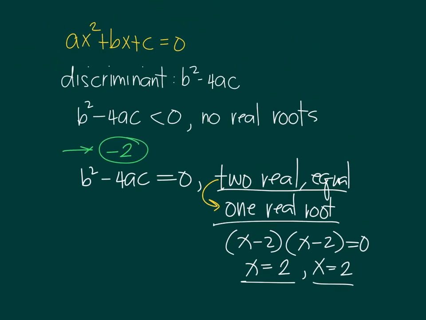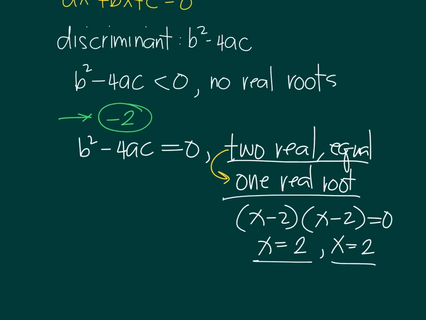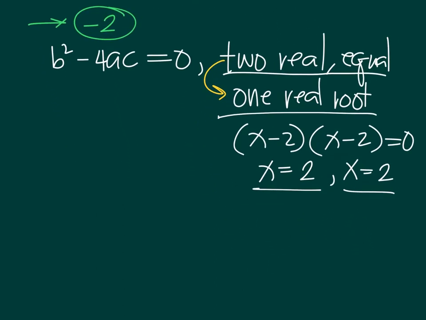So far we have two cases. We have less than 0, no real roots, and b squared minus 4ac equal to 0, two real and equal roots. The third case is when b squared minus 4ac is a positive number, greater than 0. You solve for it, you got 4, that's a positive number. You solve for it, you get 10, that's a positive number. So what will be the conclusion?